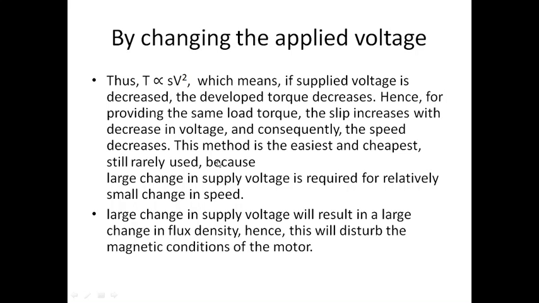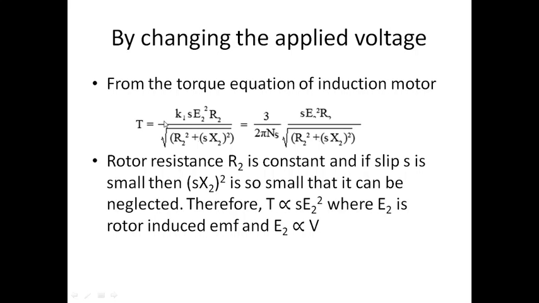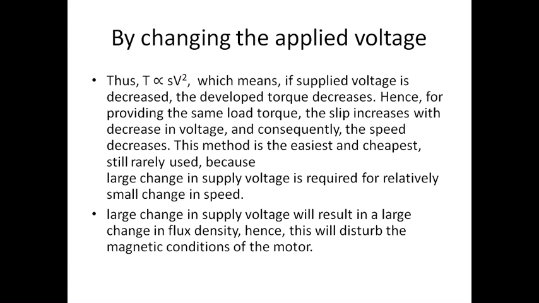My main aim is to control the speed of my induction motor, right? So if the applied voltage is reduced, I'm going to get a reduced output. If I want an increased speed, I am going to increase my supply voltage. Why? Because the torque is directly proportional to the EMF induced in my rotor, right?